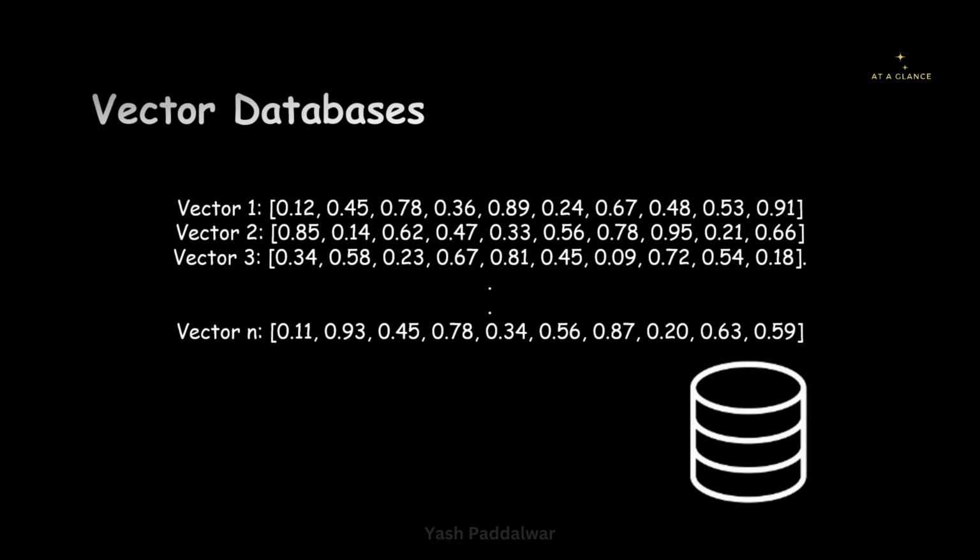Now in the previous video, I already told you how powerful vectors are, how useful they are. We can use these vectors to find out the similarities between entities. We can capture the semantics of data with the help of these vectors. Now let's say we have these n vectors of n dimensions in a relational database, and then we have to perform a search operation on it.